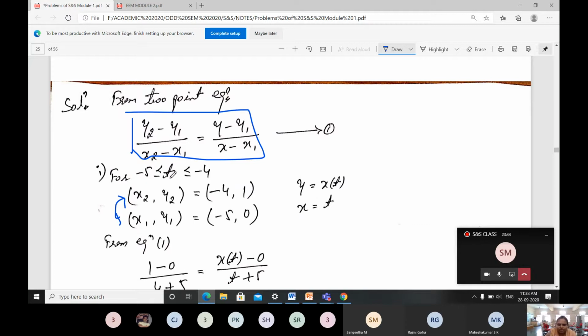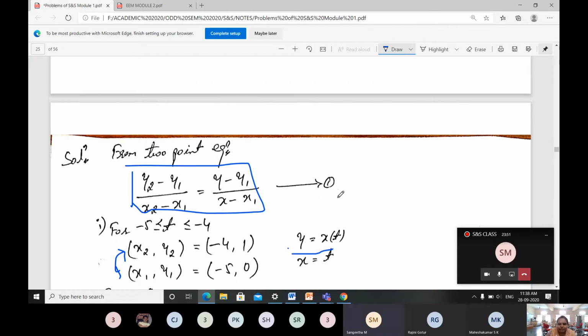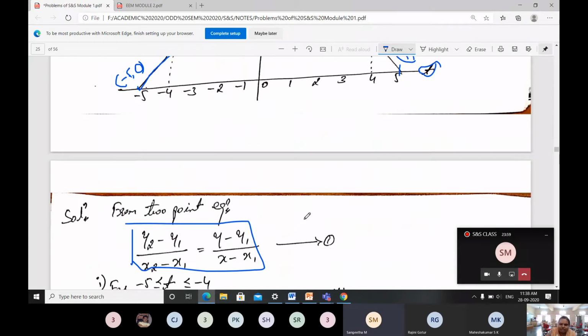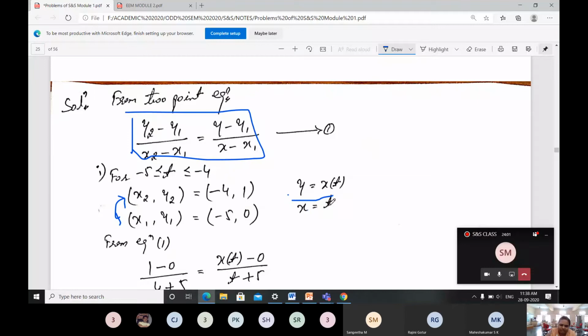Okay, from -5 to -4 we got these points. Our y is going to be x of t, because the y-axis is taken with respect to x of t, and time is on the x-axis. For that reason, x is going to be taken as t.